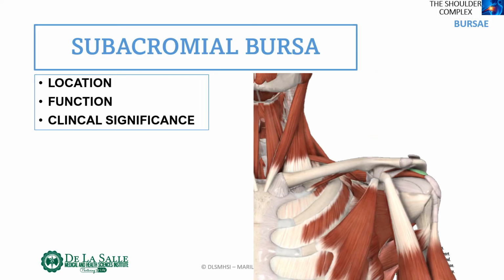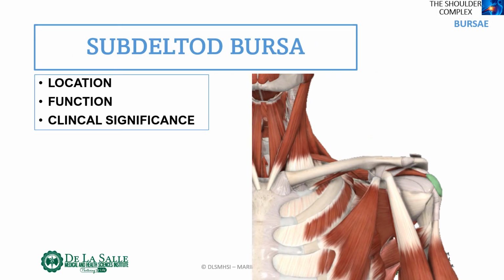Okay? Our next bursa is just a lateral extension of the first bursa that we have discussed, okay? So the subdeltoid bursa is just a lateral extension of the subacromial bursa, as you can see. But this time, as to the location, it is actually below the deltoid, because your deltoid is actually located here, okay?